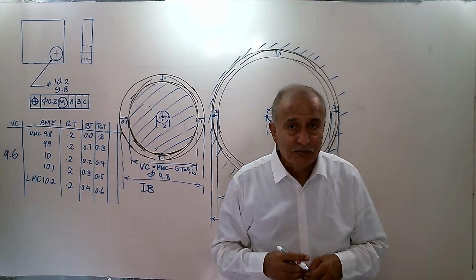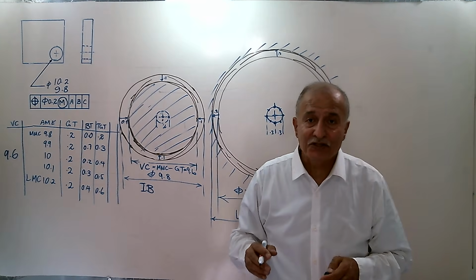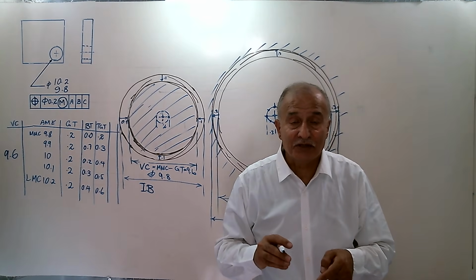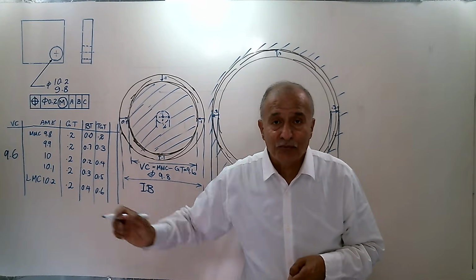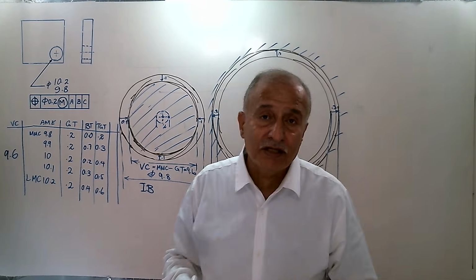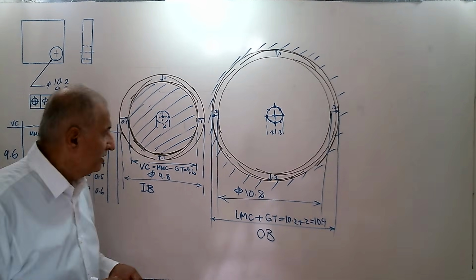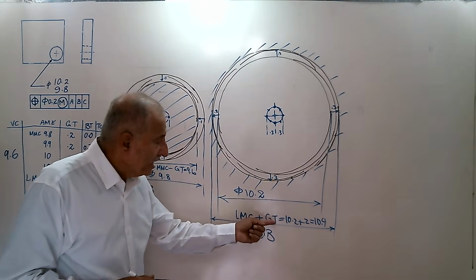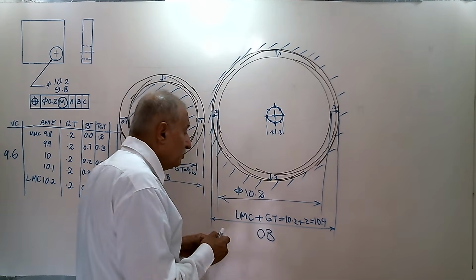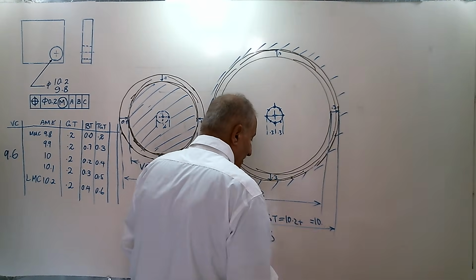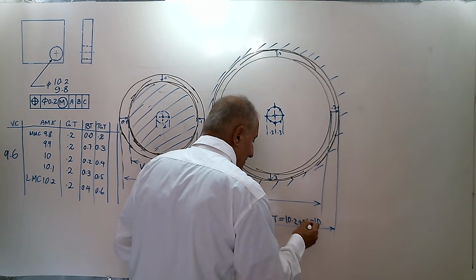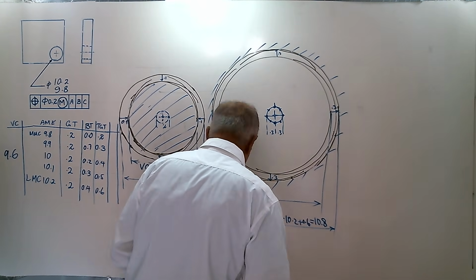LMC size plus geometric tolerance, which is the addition of bonus and geometric tolerance, which we call TGT, on both sides. Here, it is not 0.2, it is 0.6. This is 10.8.